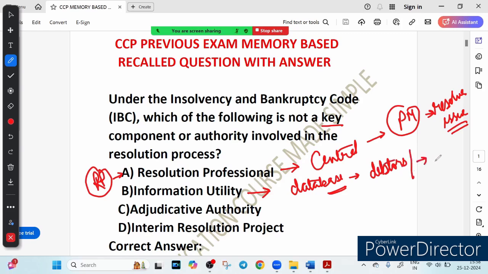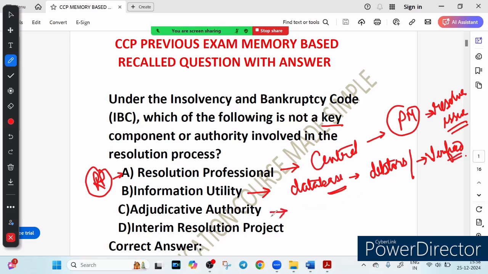So imagine a digital library which gives verified financial data instantly. So this helps creditors and professionals act swiftly. The third option says executive authority.